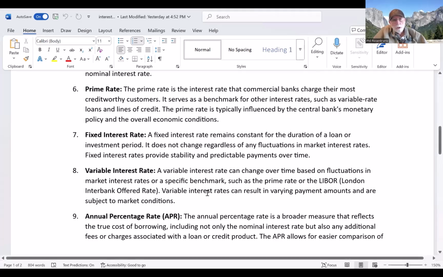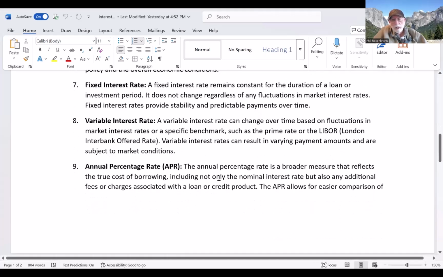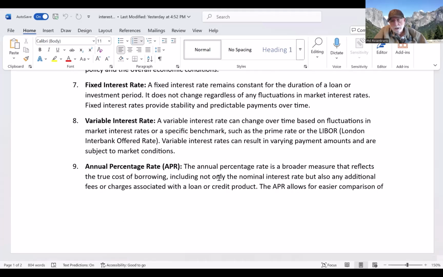Okay, annual percentage rate, APR. This is the same as the effective interest rate sometimes.